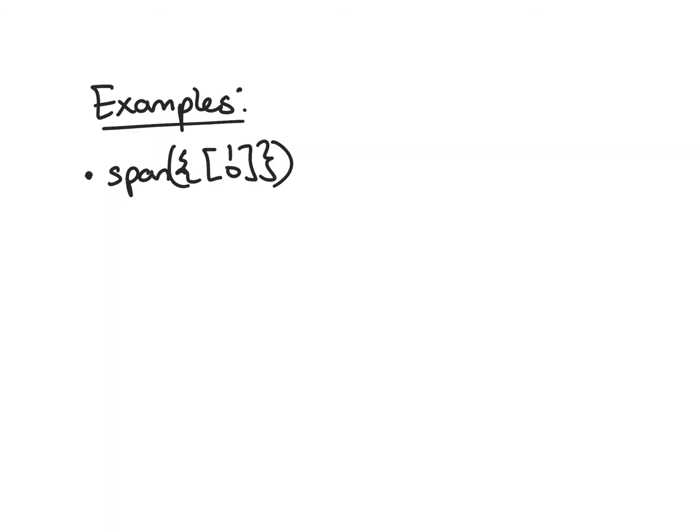So let's run through a few examples here just to get an idea of what's actually going on apart from this abstract definition, right? So here's the span of the vector (1, 0) inside R2. We'll just assume the usual vector addition and scalar multiplication. So this actually is just the x-axis. So why? Well, we only have one vector here, right?